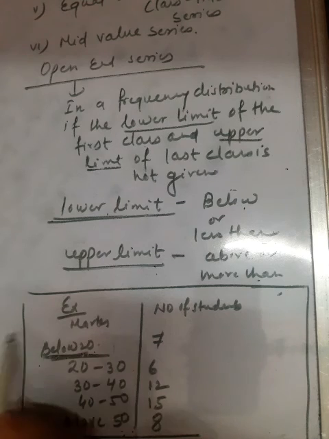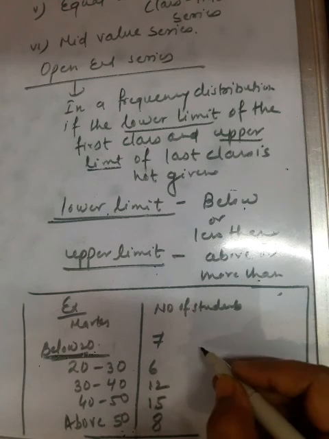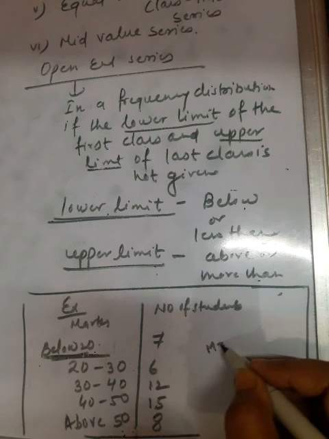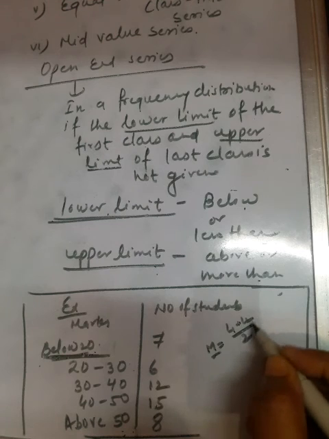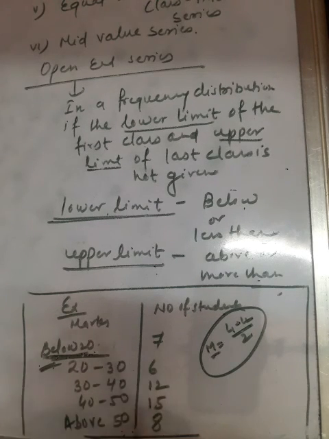The formula of mid value is lower limit plus upper limit divided by 2, and here there is no lower limit; likewise, elsewhere there is no upper limit. So it is not just difficult, it is impossible to find the mid value. So we should avoid open-end series. Open-end classes also create problems in the graphic presentation of data.